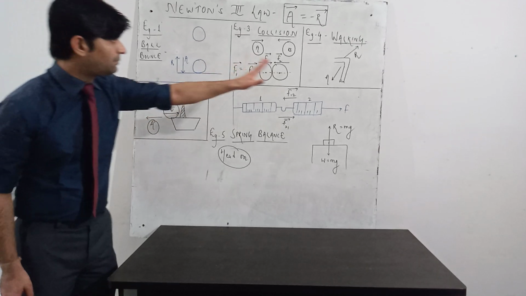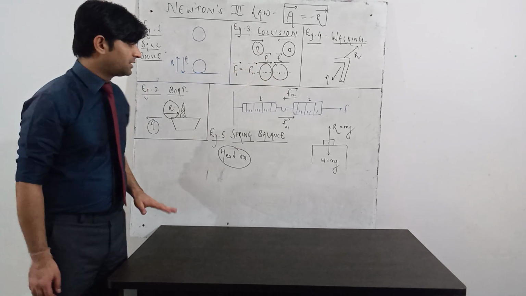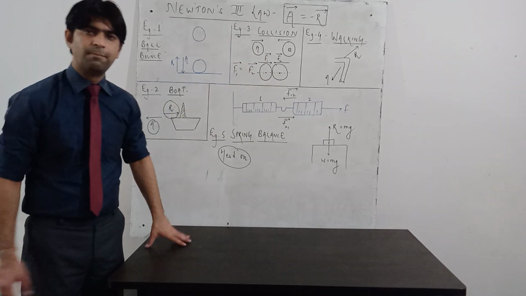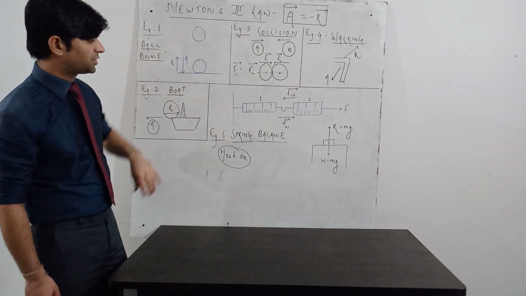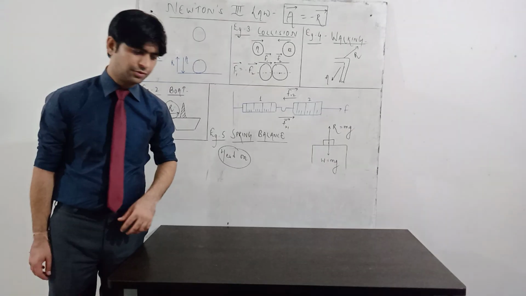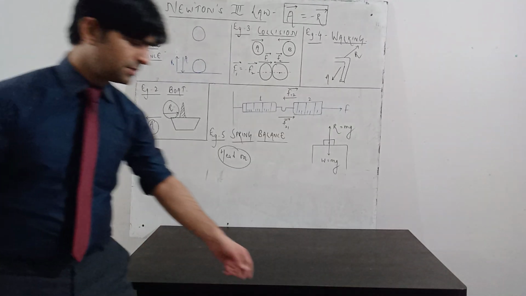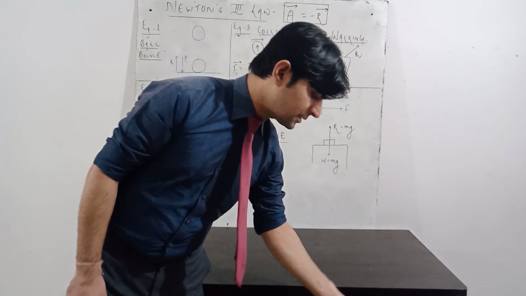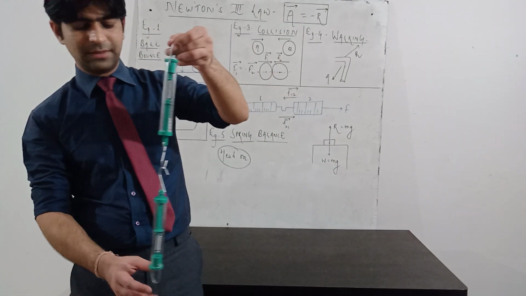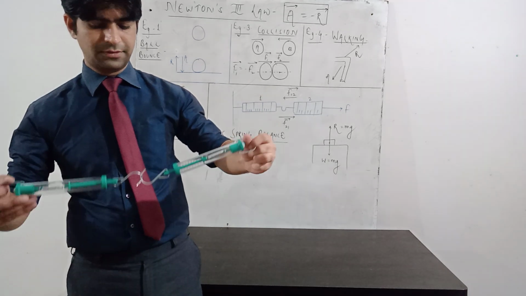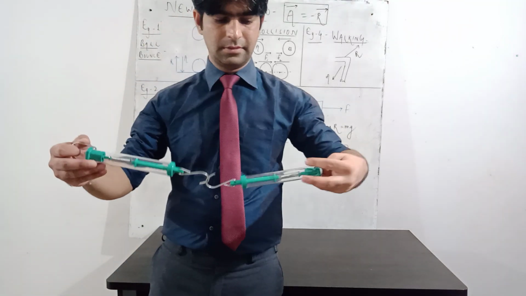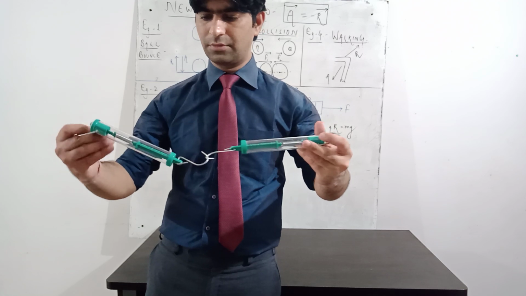So these two examples I have shown you, demonstrated with the help of this bee toy. The collision I have shown you, this ball demonstration I have shown you, rocket launching I have shown you, and at the last, both of these forces must have equal magnitude. So I have this spring balance. If I stretch this spring balance, you can see here, I will show you the scales also.